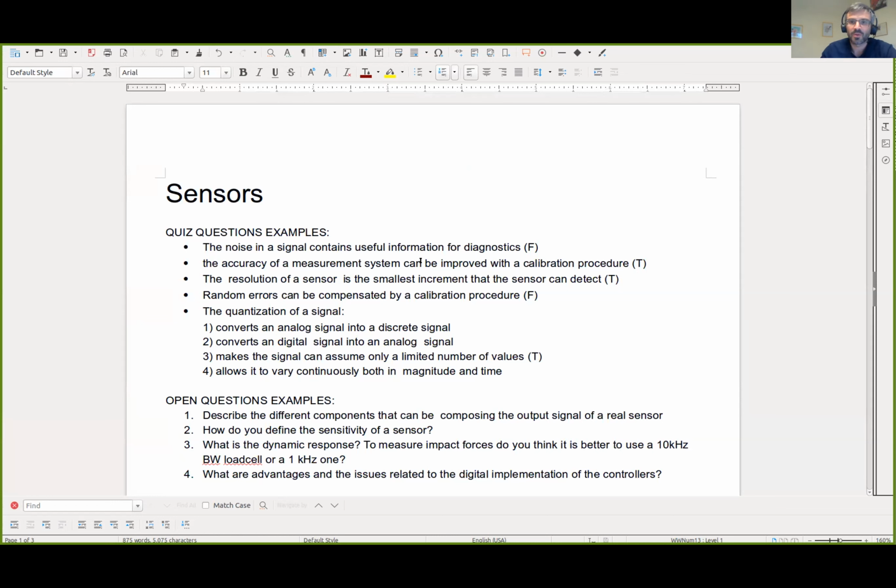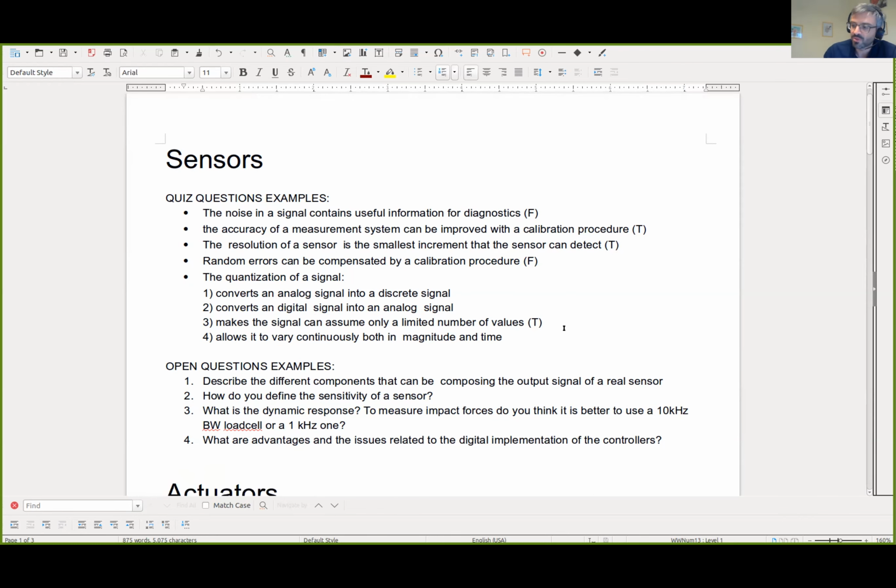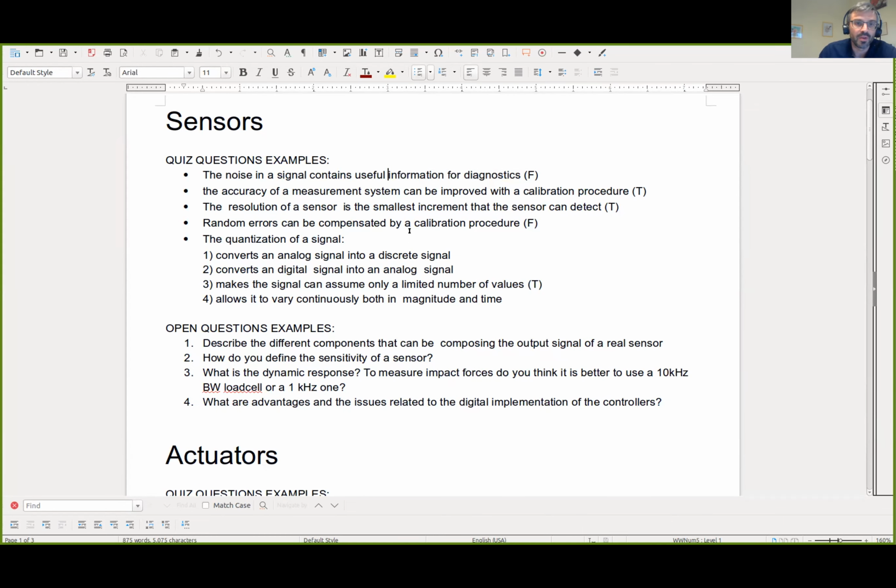there are some example questions, for example, for sensors. We have two kinds of questions, quiz questions with true/false reply. For example: the noise in a signal contains useful information for diagnostics. This is false because noise is the disturbance in a signal; it is just not useful.